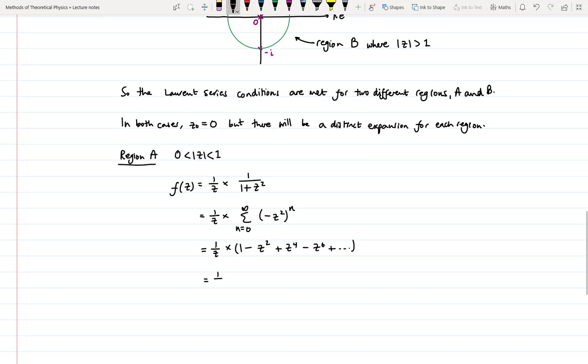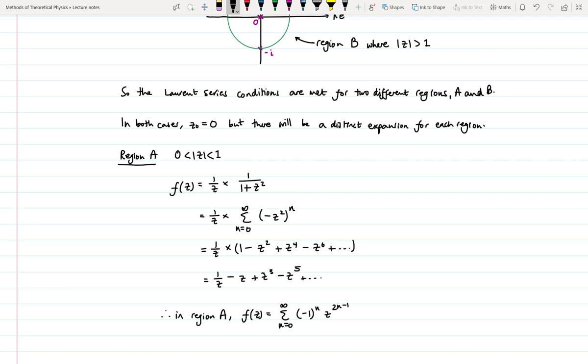And this therefore gives us 1 over z minus z plus z cubed minus z to the 5, and so on. Therefore, we found that in region A, our function can be written as the sum from n equals 0 to infinity of minus 1 to the n, z to the 2n minus 1.